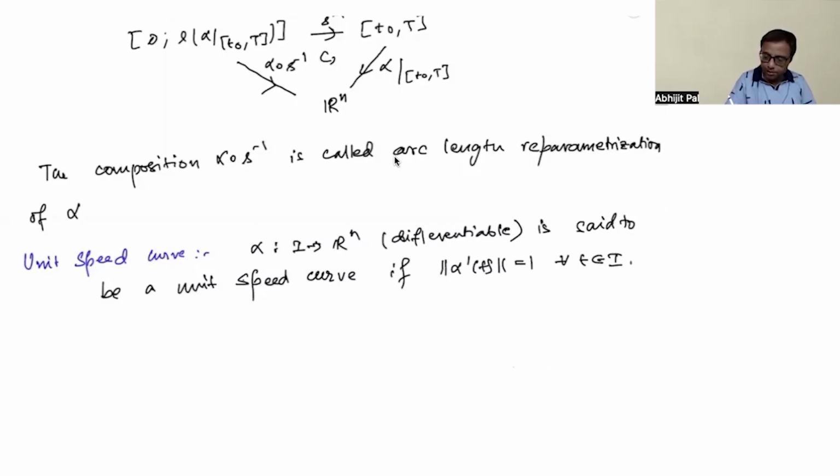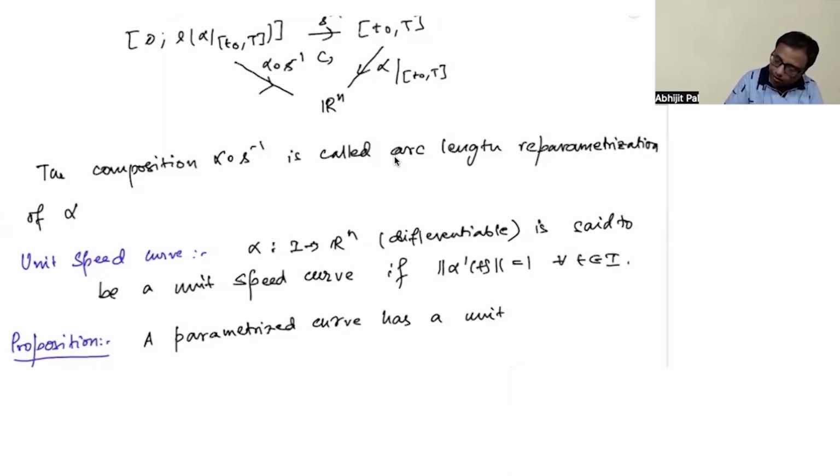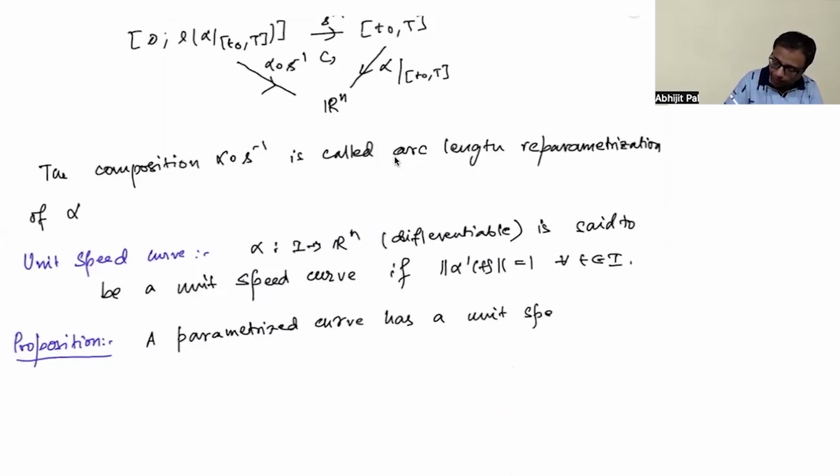A parameterized curve has a unit speed reparametrization if and only if it is regular.